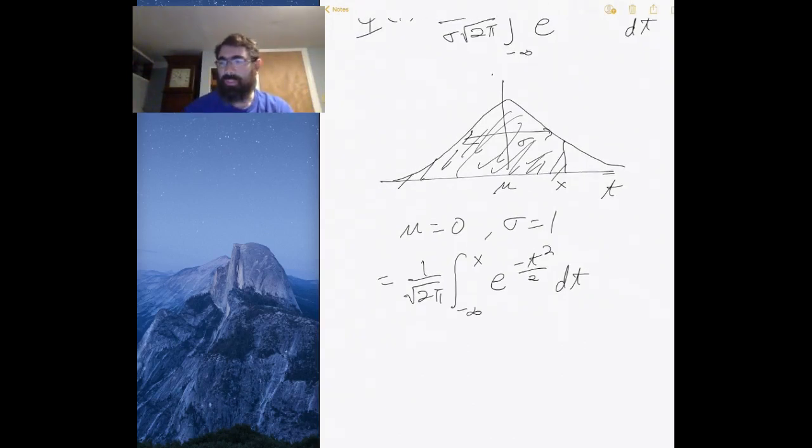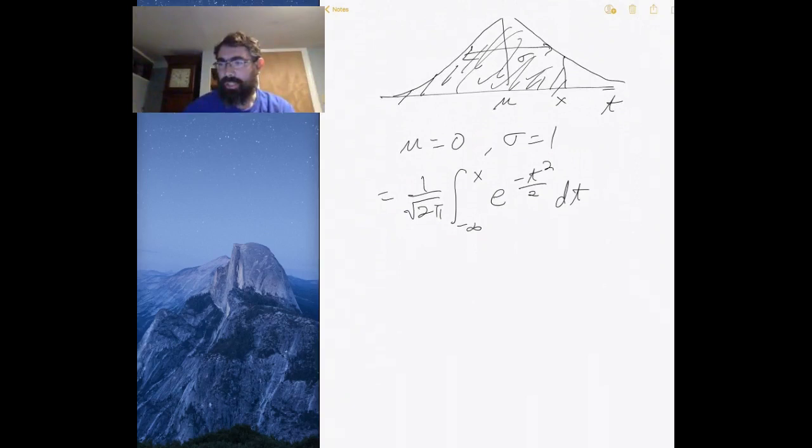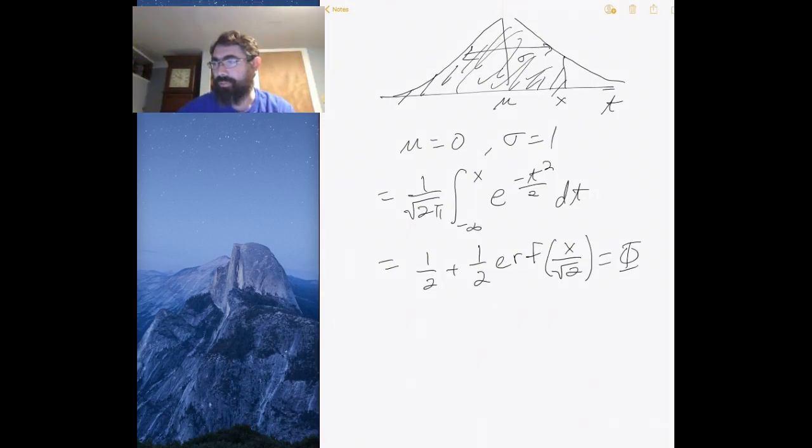And so this I could write down as 1/2 plus 1/2 the error function of x over the square root of 2. And that's basically going to be equal to my Gaussian function for the one particular case of a mean of 0 and a sigma and a width of 1.